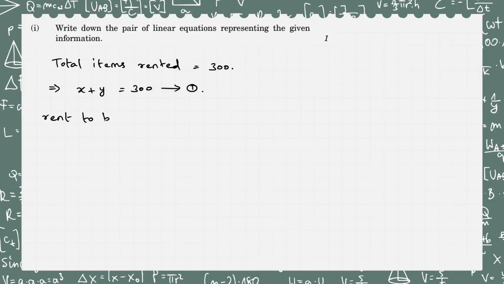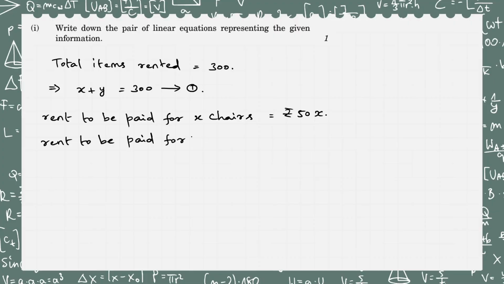Rent to be paid for X chairs is equal to rupee 50X, and rent to be paid for Y tables, 200Y.